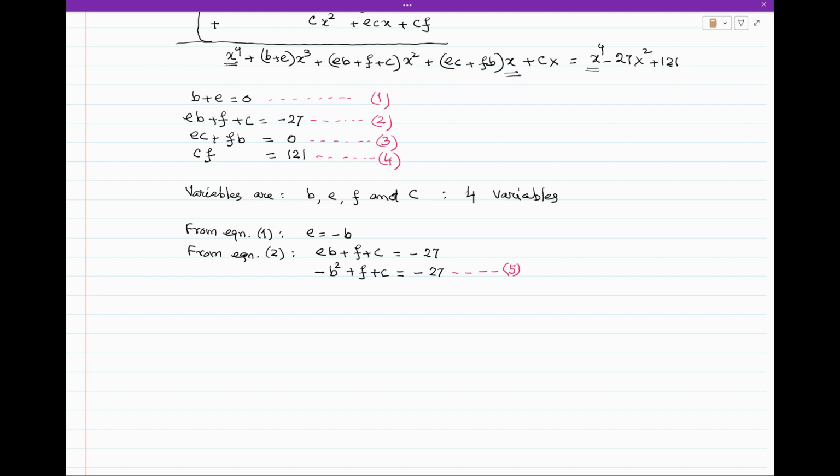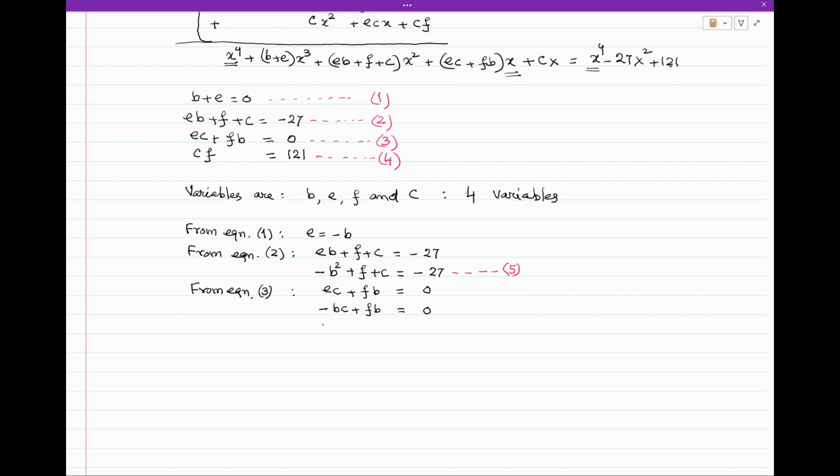And from equation 3, we get ec plus fb is equal to 0. Now, since e is equal to minus b, we write minus b into c plus f into b is equal to 0.